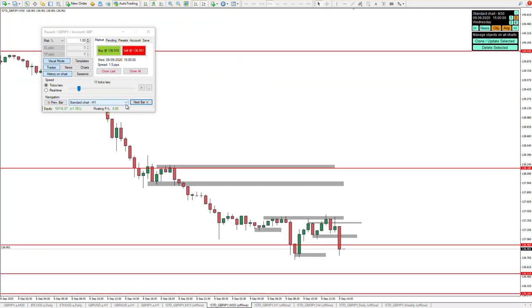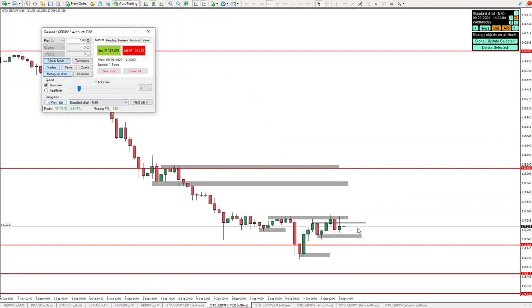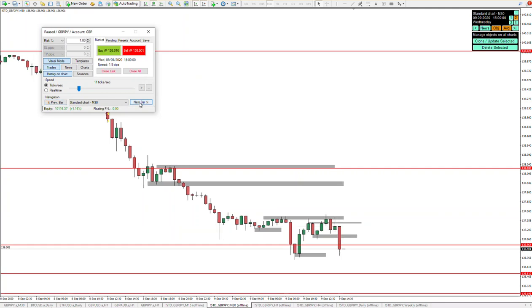M30, this was still bullish. Next bar, no wick at the top. Price did not even try to go up. But now there's no room to this support. You can't sell there.